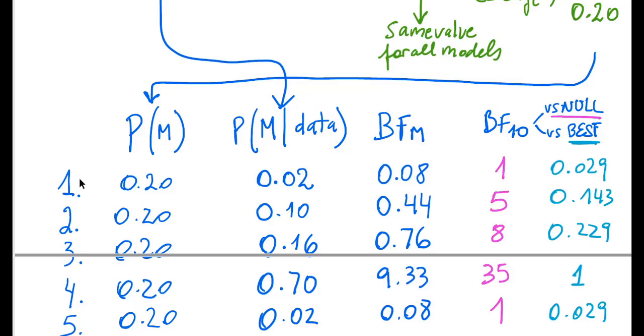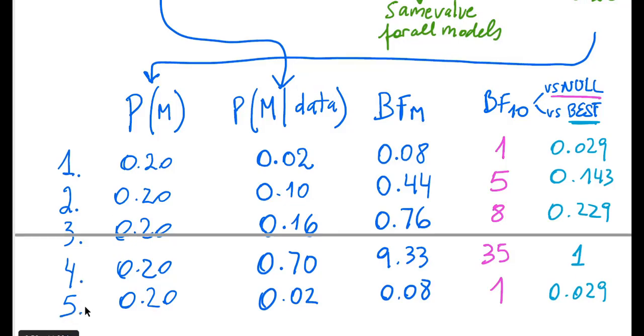So this will be null, this will be variable x, this one will be variable z, number 4 will be variable x and z, and 5 will be variable x and z, and the interaction between these two variables. So then we start with the prior on the models. As I said, all the models have a prior of 0.20. They are equally likely before starting the study.